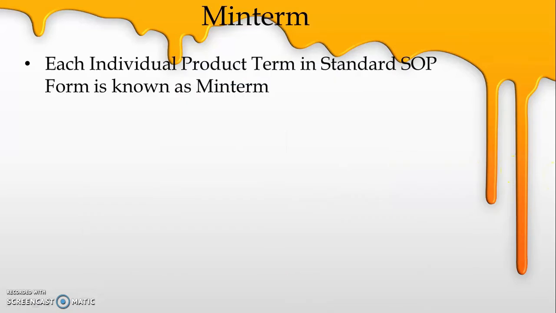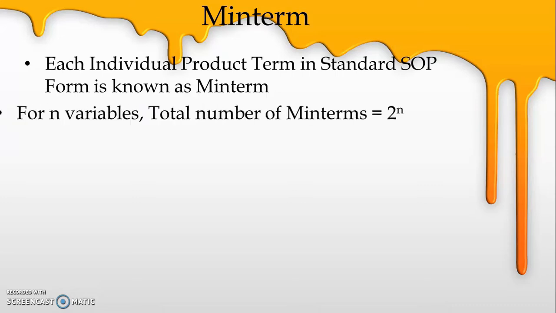Now let us start with the minterm. Each individual product term in standard SOP is known as the minterm. In standard SOP only, we have each individual product term, and that is known as a minterm.